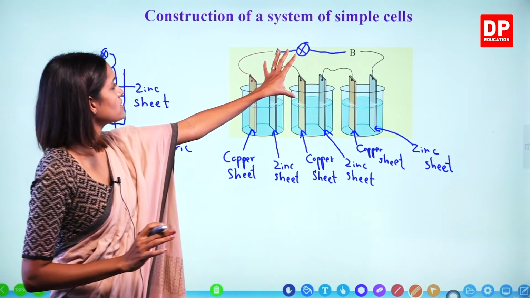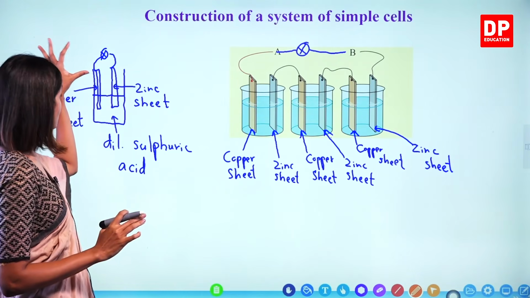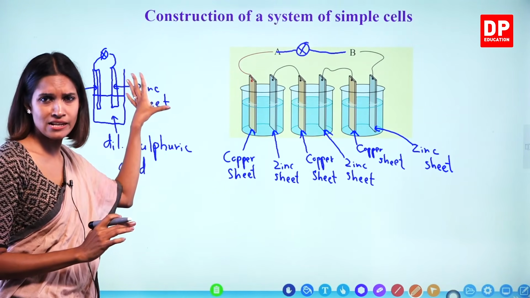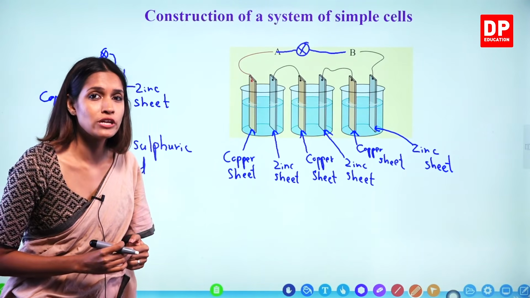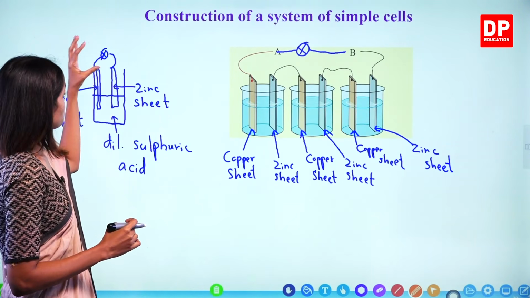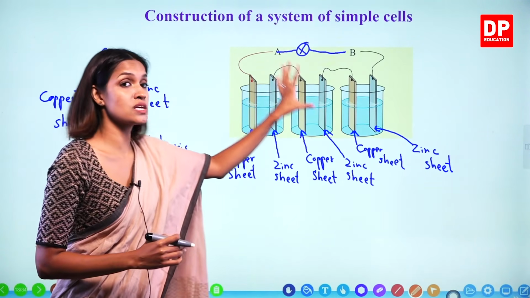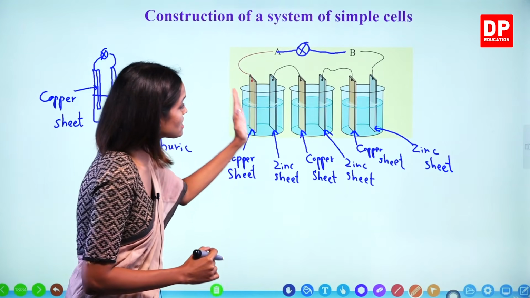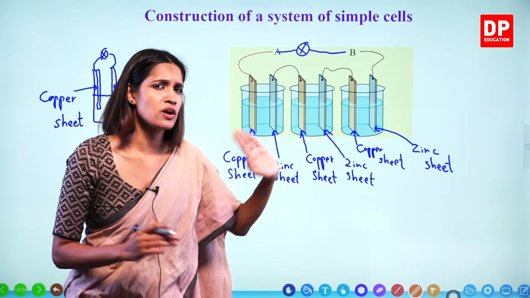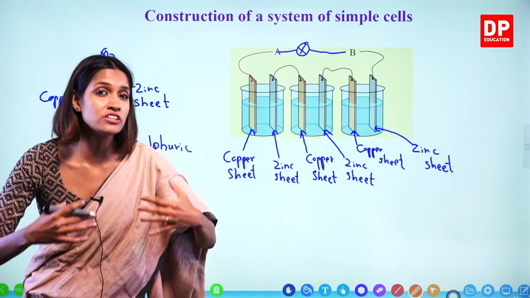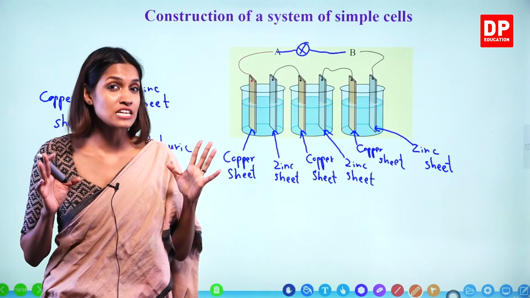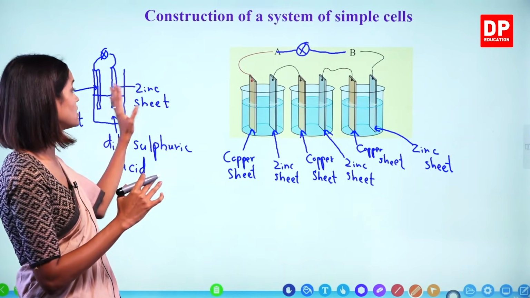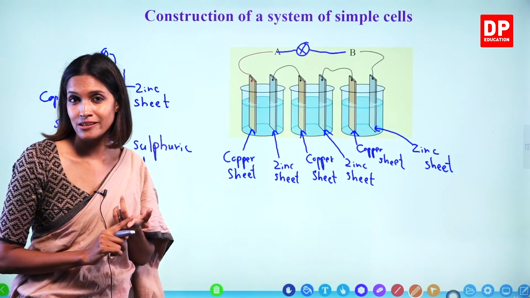Now if you connect the same bulb to this single simple cell, you will see it will light up, it will illuminate. But what will happen if you connect the same bulb to this setup? Now we have 3 cells connected together. What can you tell about the power or electricity supplied by this setup? Obviously, it is higher than that of the single simple cell.